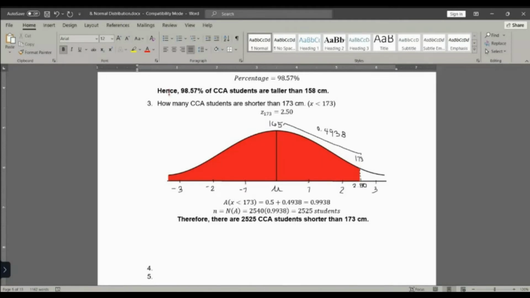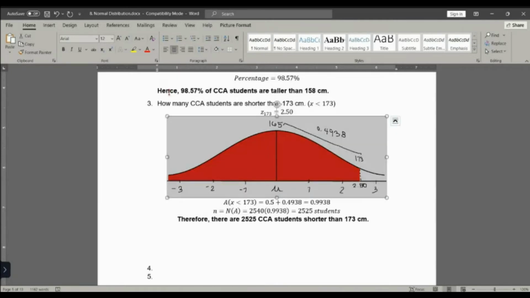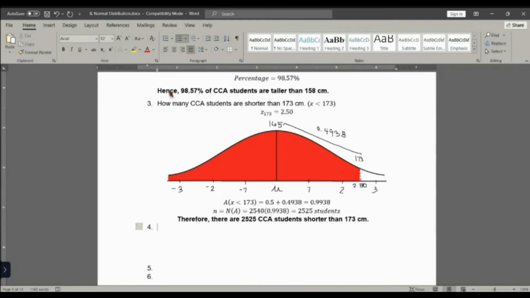Example number 4, this is another case of our application of the normal distribution.